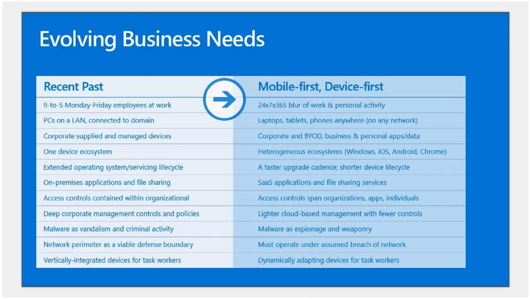But as we shift into this more mobile first, device first view of the world with more tablets and phones and other BYOD type devices into the mix, we've now gotten into a situation where we need some other management capabilities to address a type of device that typically isn't connected to the corporate network, maybe isn't even owned by the organization, and really has a completely different life cycle. So how do we address these new requirements that are coming forward with the new Windows 10 release?